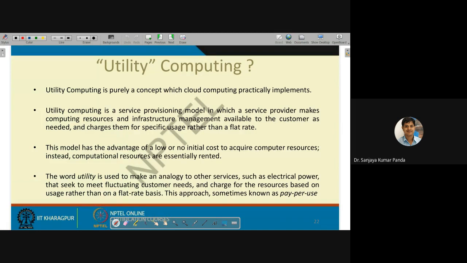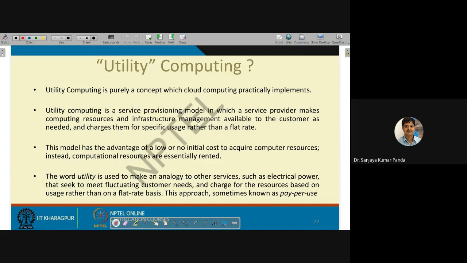So utility computing is purely a concept which cloud computing practically implements. The word utility which you use in day-to-day life, we want to implement the same thing in the computing world which exists in our real life.